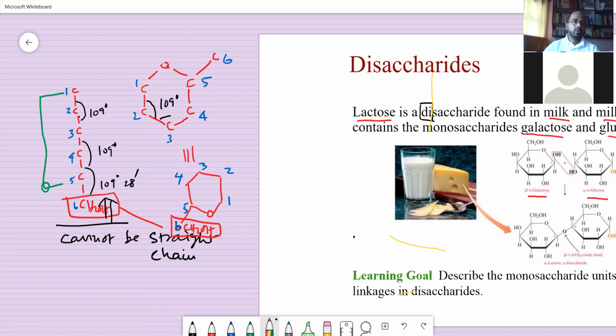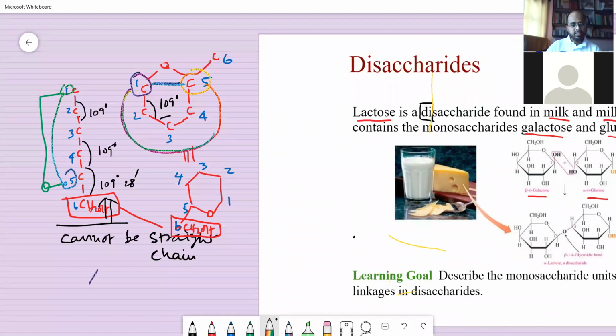Okay, the 1 and 5 linkage is given like this. 1 and 5 are linked by means of this oxygen, and this bond is actually like this. So you will have pyranose and furanose forms, and that structure that you represent is called the Haworth structure. If you see it on a plain paper, it will be like this.